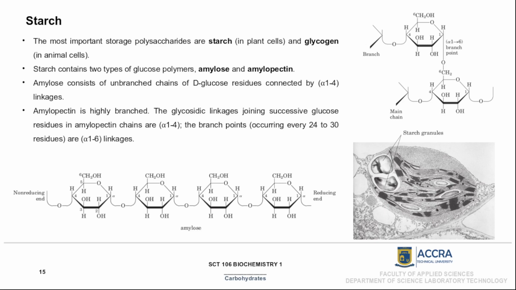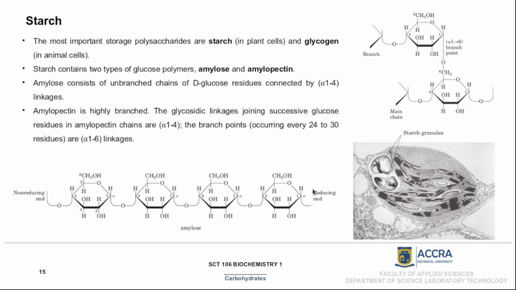Starch contains two types of glucose polymers, amylose and amylopectin. Amylose is unbranched. You have only the glycosidic bonds between the glucose molecules as the monosaccharide units forming amylose.